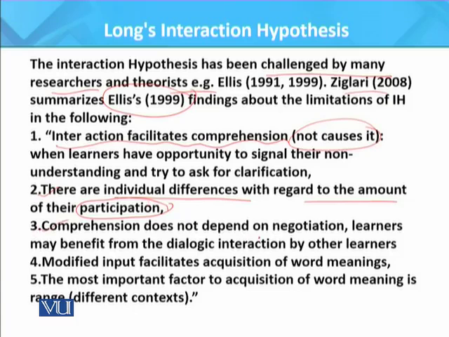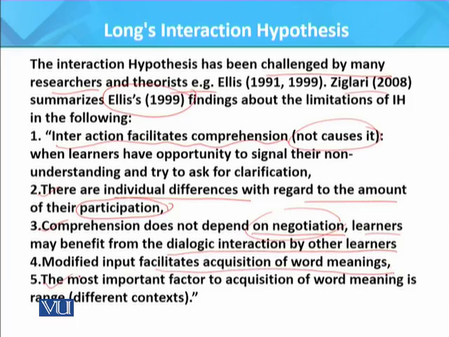Comprehension does not depend on negotiation. Learners may benefit from dialogue interaction with other learners. So basically, negotiation is not something that facilitates comprehension. Sometimes learners benefit from the dialogues that they have in interaction with other learners. Modified input facilitates acquisition of word meaning.